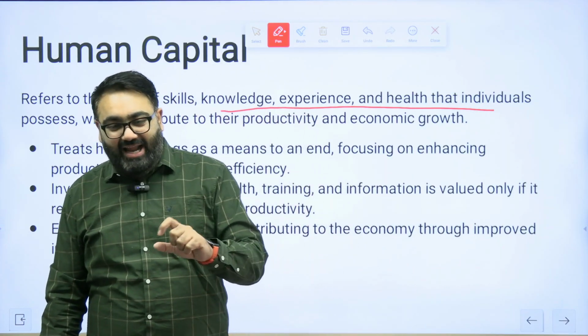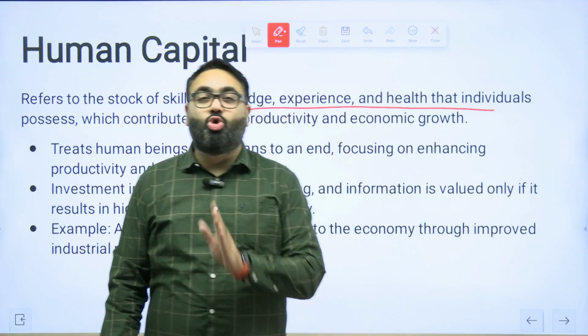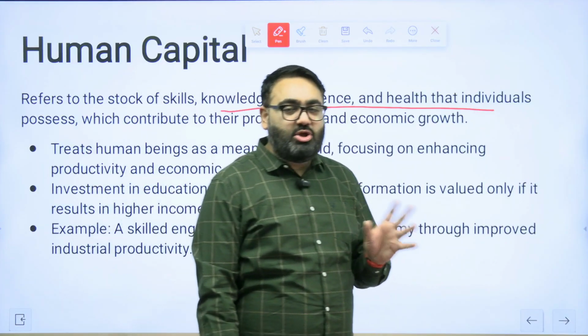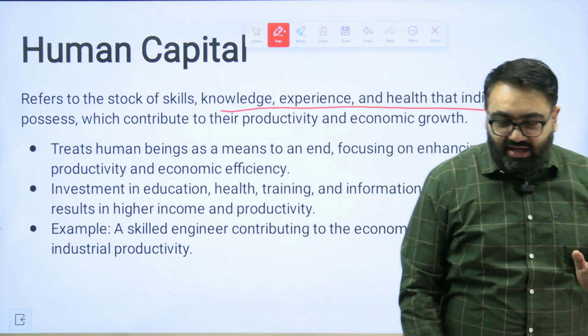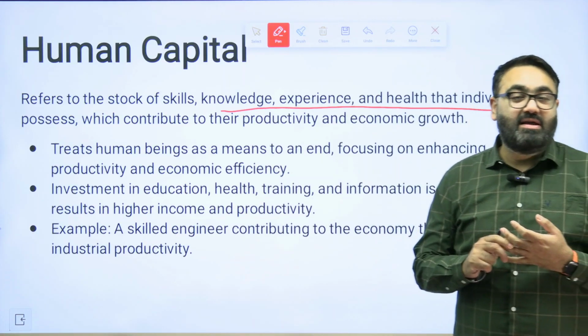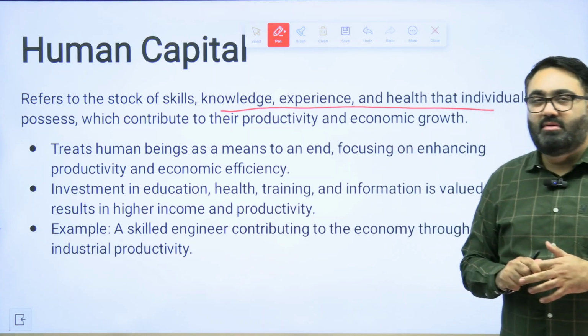Those factors that help a person be a better or a larger contributor to the overall economy of the country. Those factors come under human capital. As we have been discussing, governments focus on education, health, information flow, all these are parts of human capital.